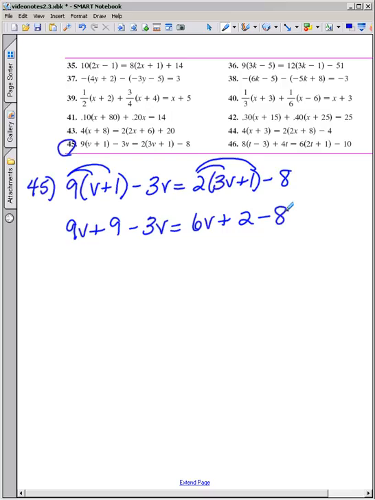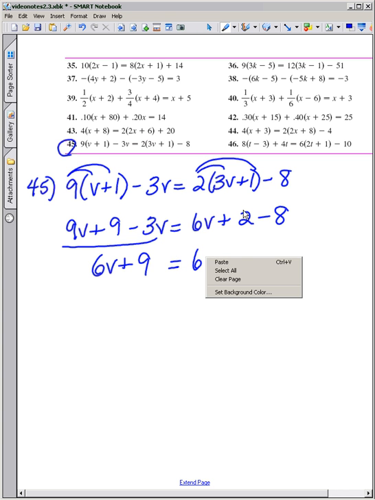Now combine like terms, right? We need to simplify each side. So if we simplify on the left, 9v minus 3v, 6v plus 9 is equal to, on the right, 6v plus 2 minus 8 is minus 6. We have variables on both sides, constants on both. We have to eliminate a variable from one side.